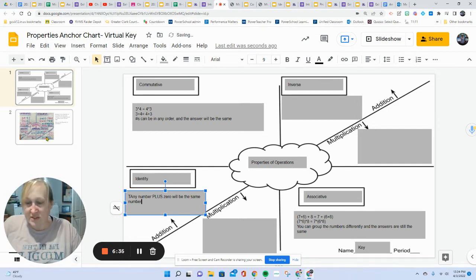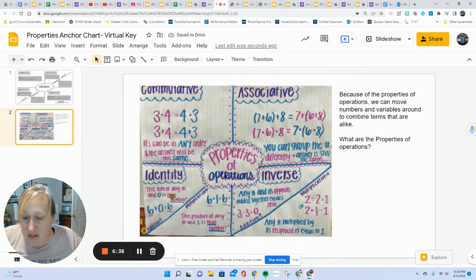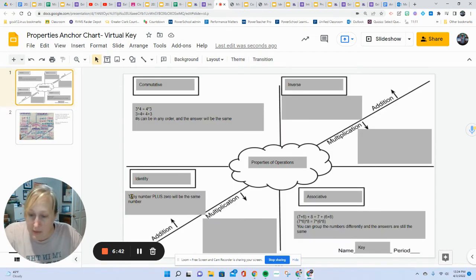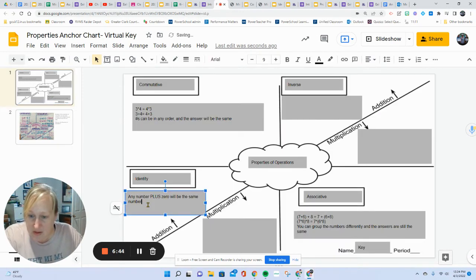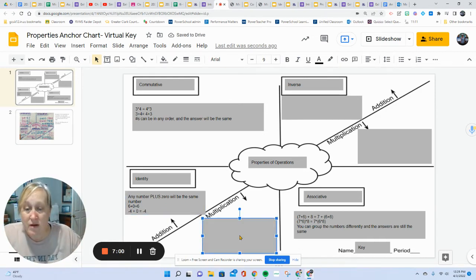And again, their phrasing might be different. The sum of any number and 0 is that number. Mine is pretty close. So the examples would be 6 plus 0 equals 6. -4 plus 0 equals -4. So it's identity. It stays the same number.